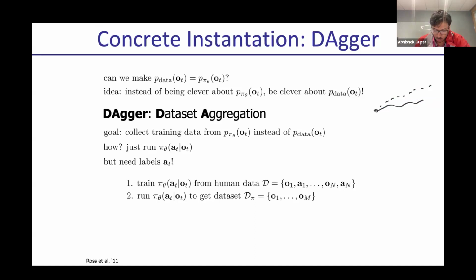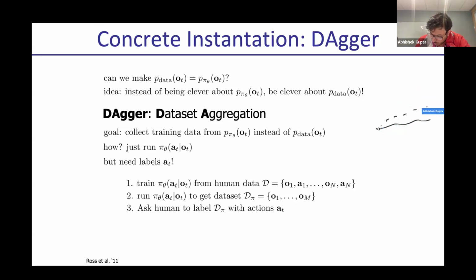Then you're going to ask a human or an expert to label these observations with expert actions. Let's say you're here, you drifted off. You ask a human to go to each of these states and label what you should have done.